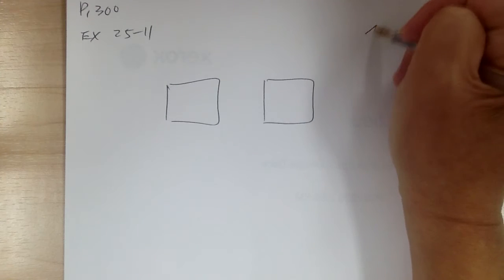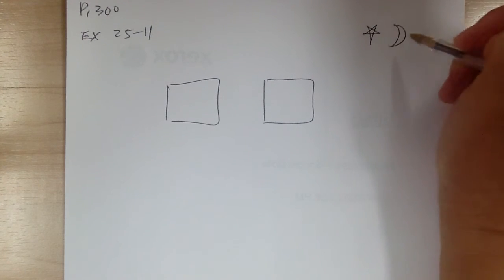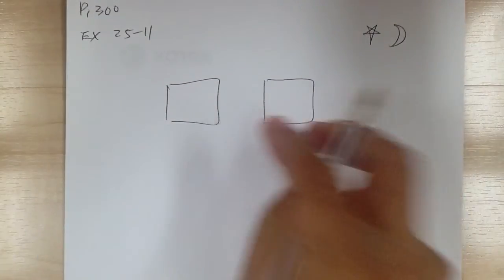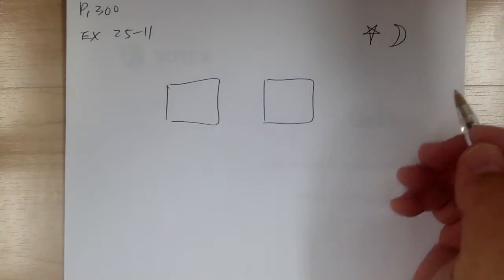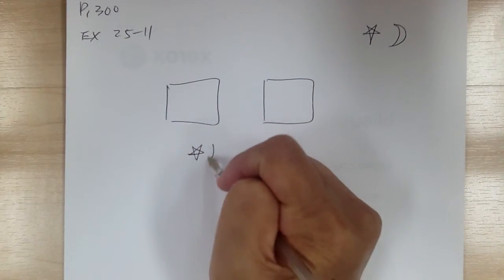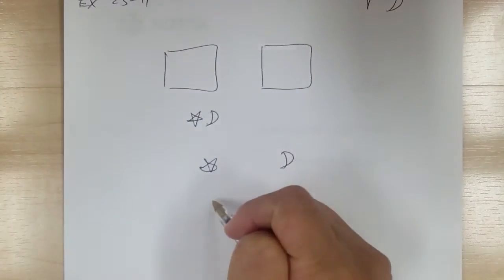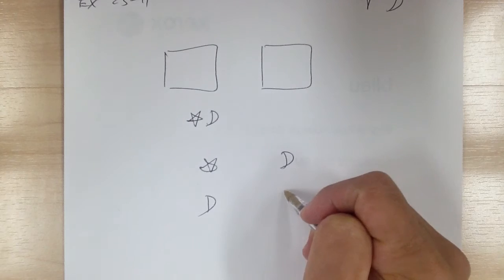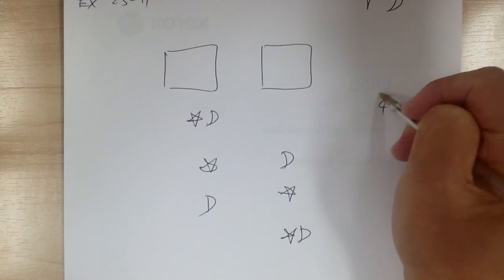I'm going to use the star and the moon. You're going to put 2 objects in 2 boxes. How many ways can you do it? There are different ways. You can have this way, you can have one each, you can have this way, or you can have this way. So there are 4.